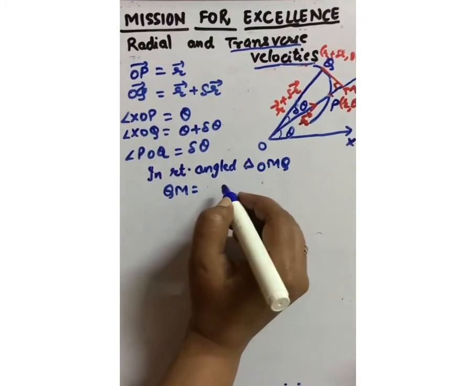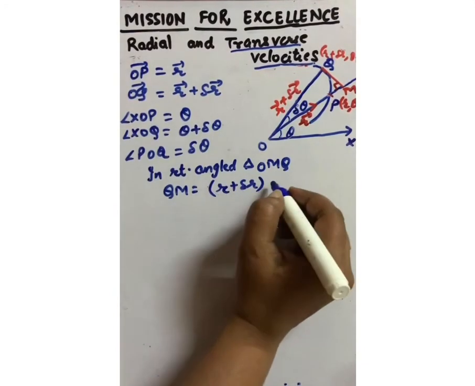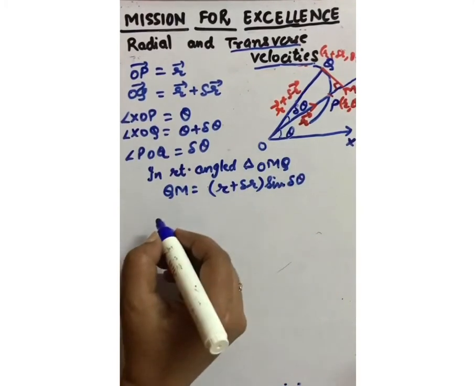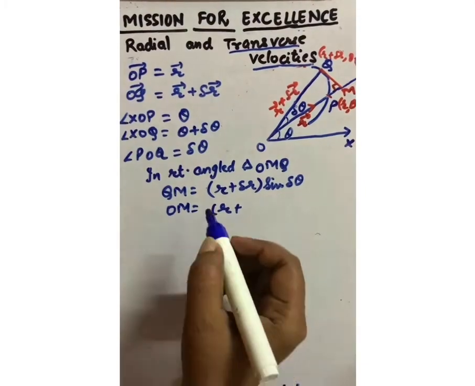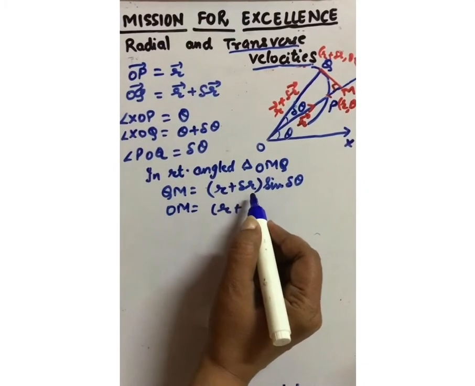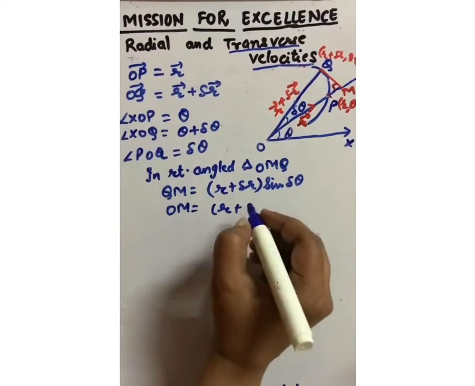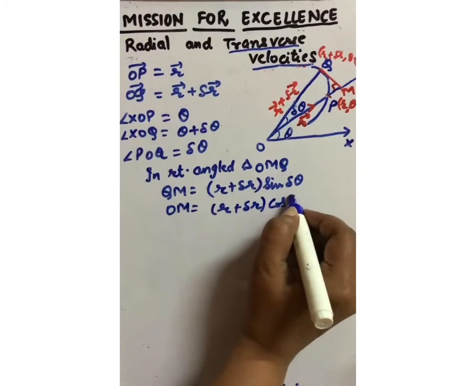So QM is R plus delta R sine delta theta, and we get OM as R plus delta R cos delta theta.